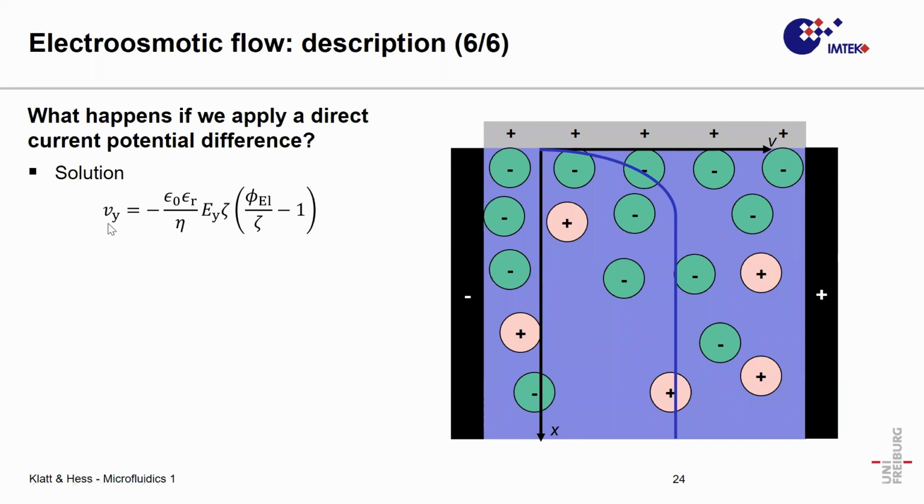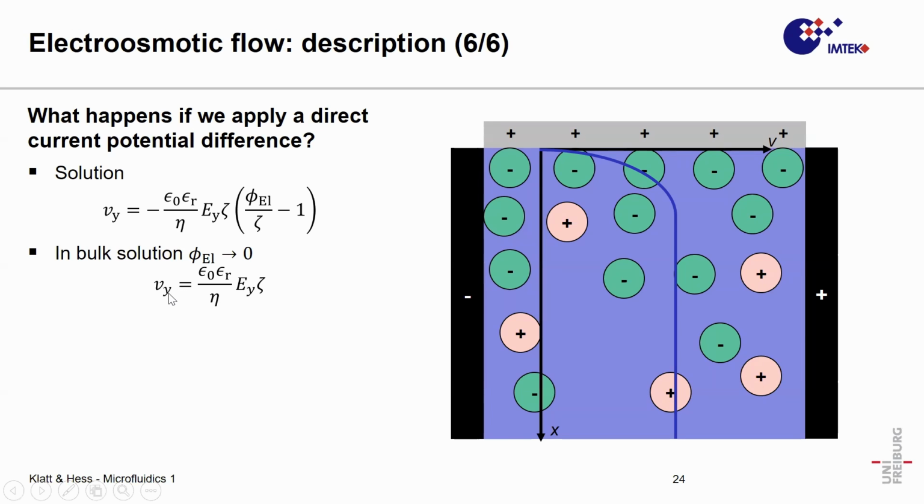So here you can see another form of the velocity in y direction. We introduced the electric potential as parameter instead of x. And if we are far away from our wall, there will be no influence of the dielectrical layer left. And this means that the potential will be 0.